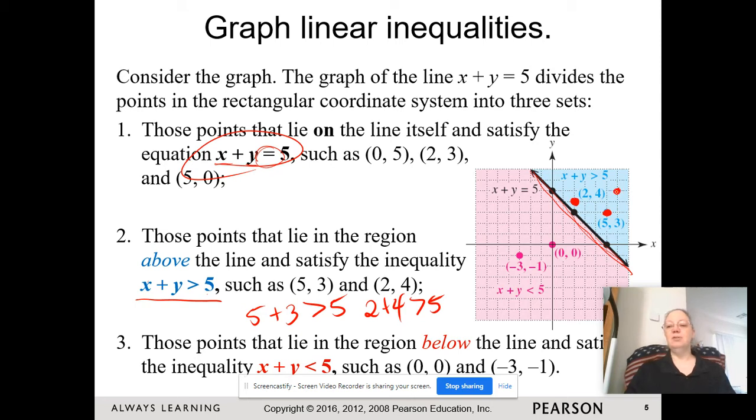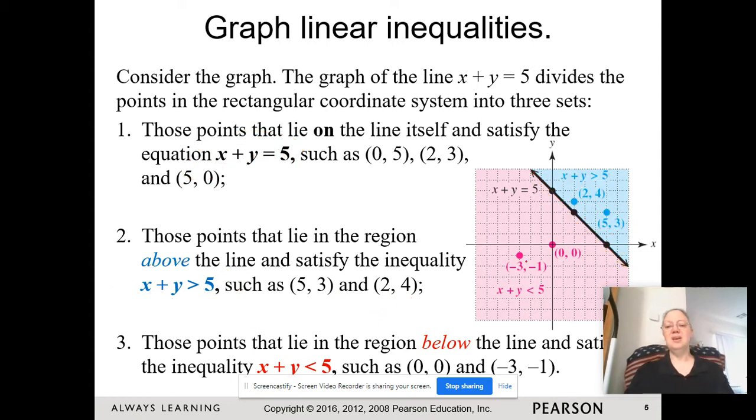In fact, if I plugged in any other point in the shaded region, it would be a true statement. Every single point that is shaded satisfies this inequality.